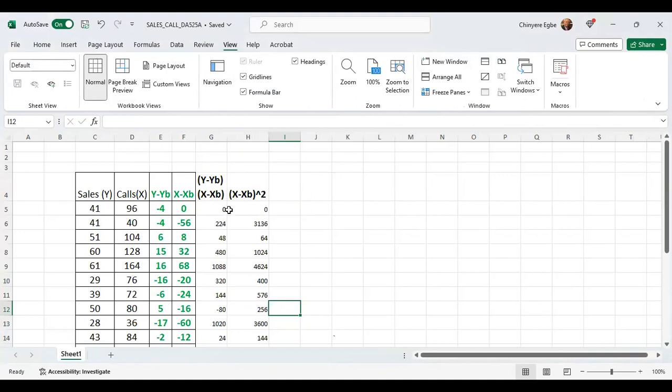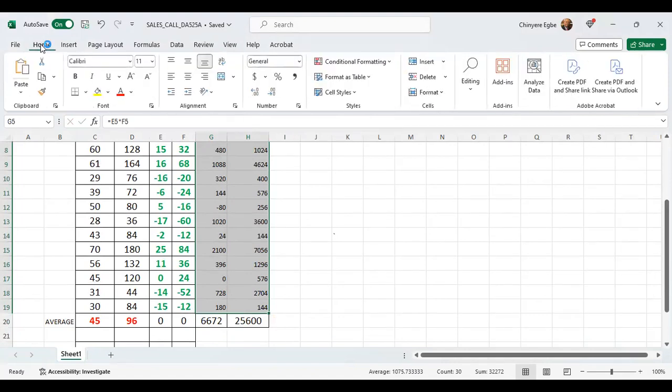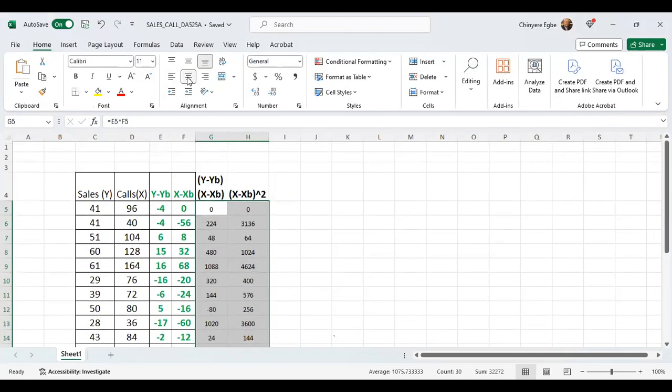All right, so now that we have these numbers, if you can write them down, we can verify what we're doing.